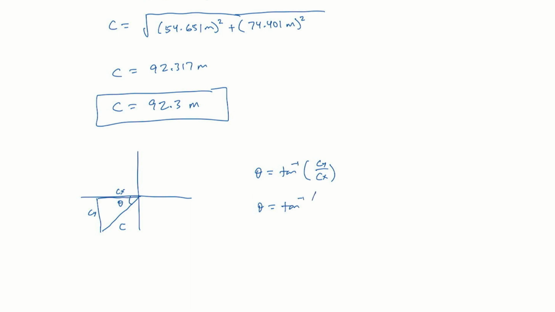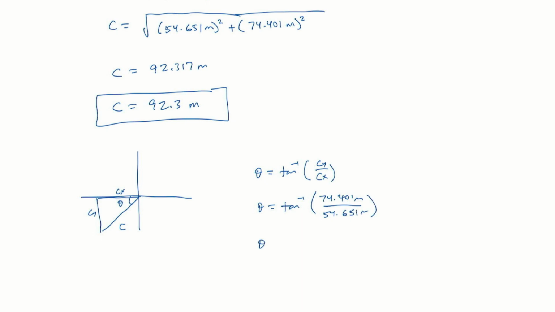If we put the negative values in, the negative signs are just going to cancel. So we're going to use 74.401 meters over the 54.651 meters.